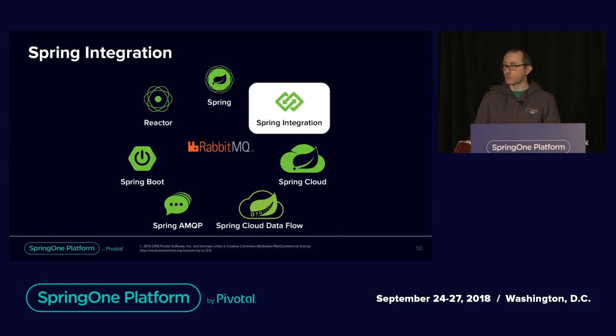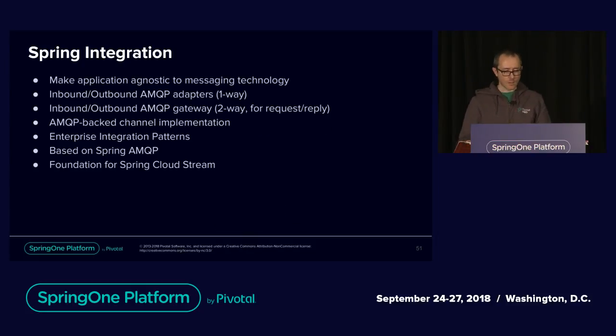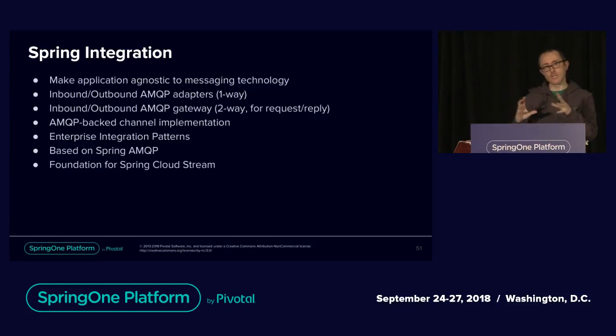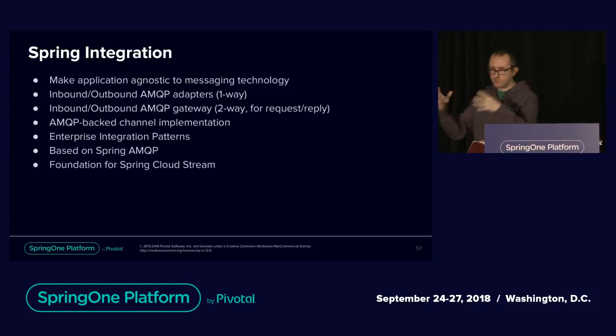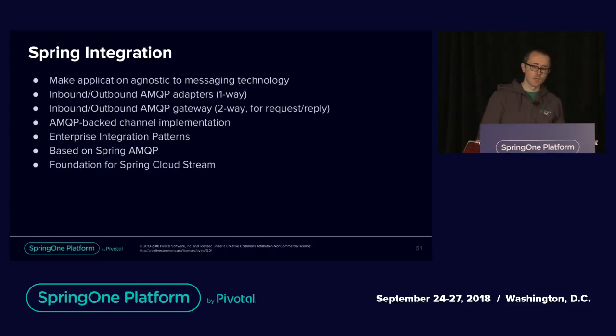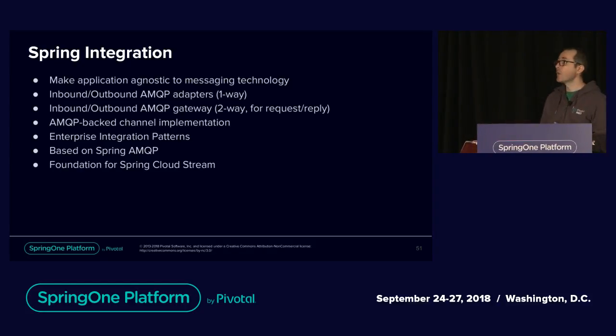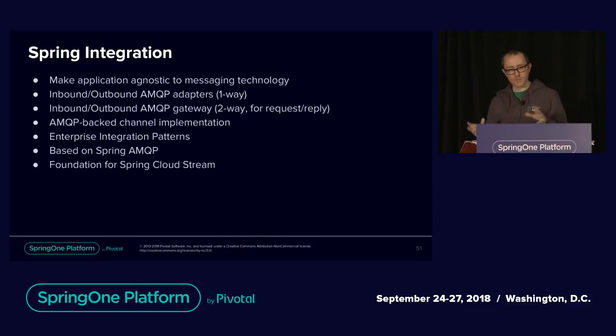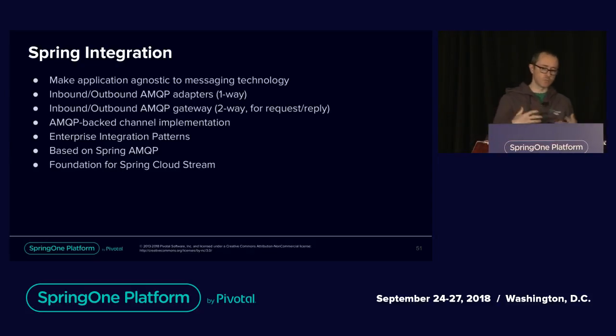So now let's get into Spring Integration. Spring Integration is meant to make your application agnostic to your messaging technology, typically. It can be any kind of messaging technology. So there are inbound and outbound AMQP adapters inside Spring Integration, so you can publish or consume messages.